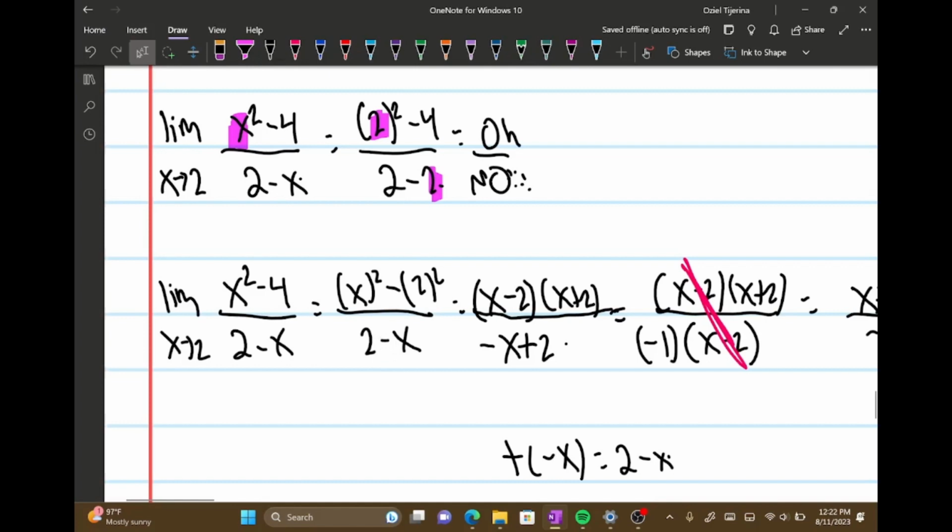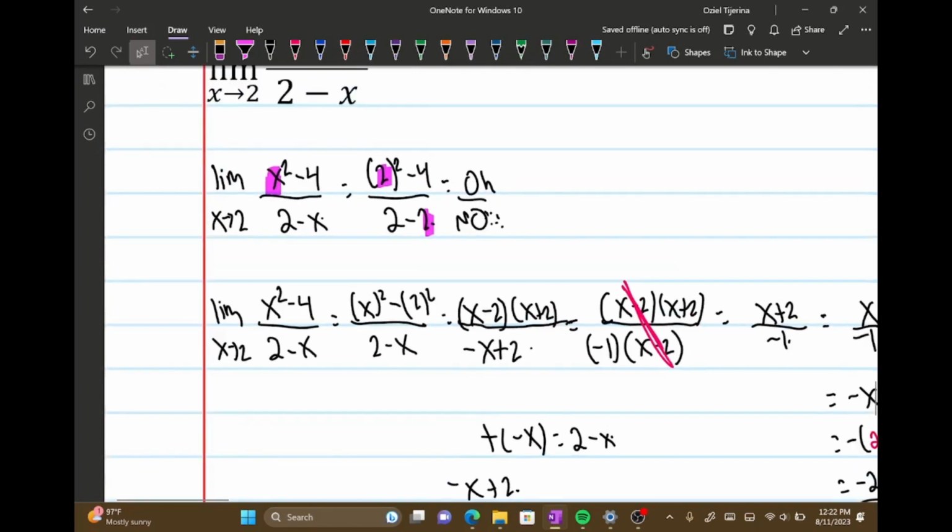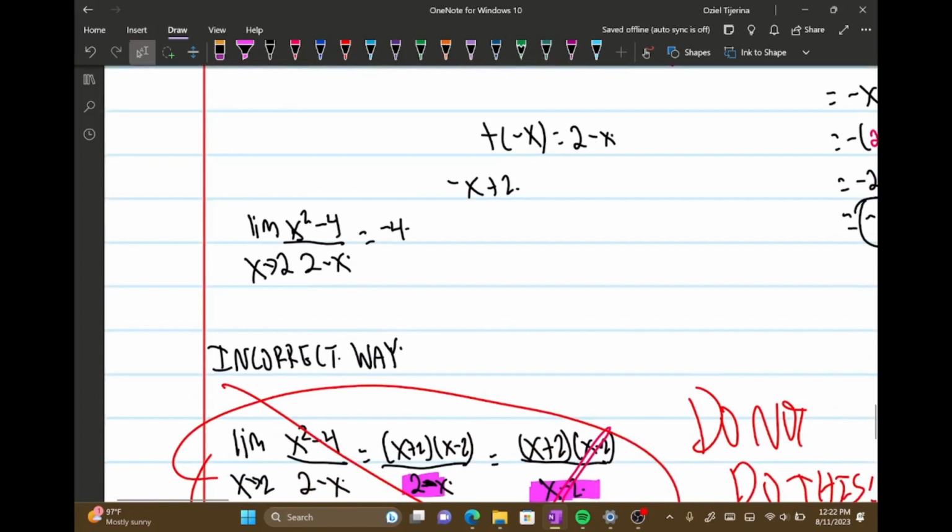So x would be negative and not positive here. I just want to make that very clear. So in reality, this would be our answer.